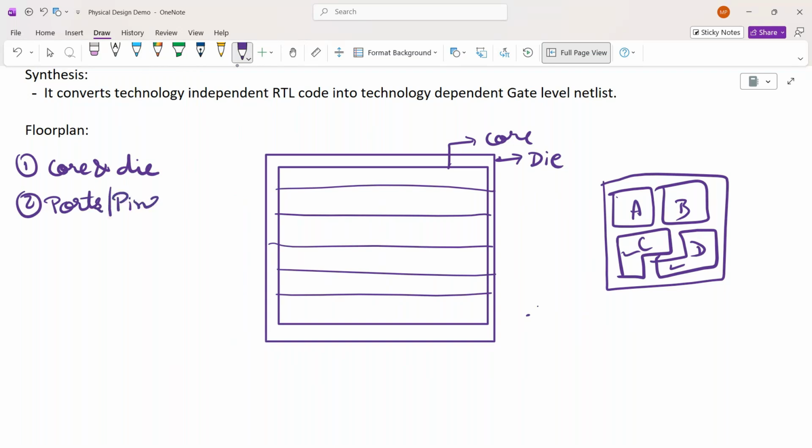Ports or pins are placed. Core and die are created, and these are your pins, all over or on one side, placed according to your specification.